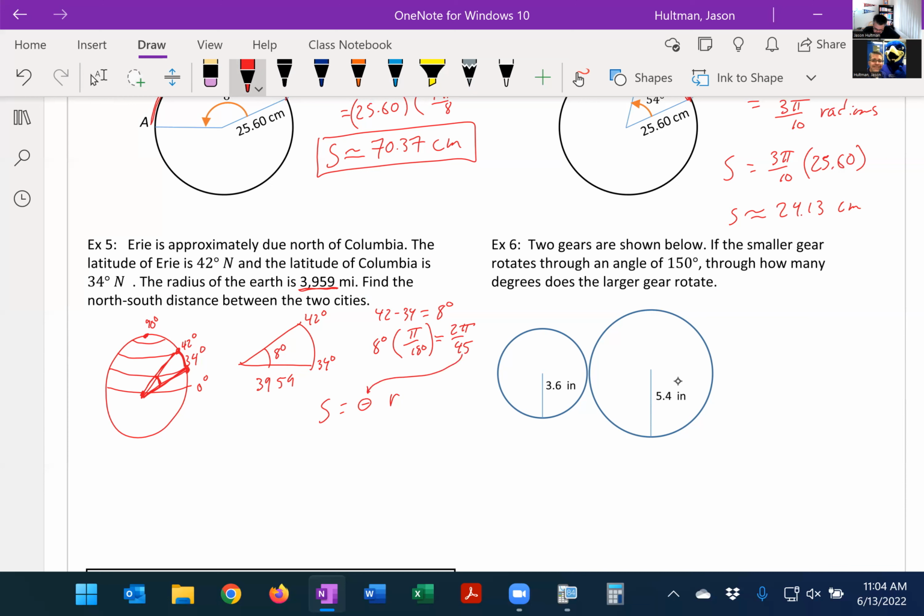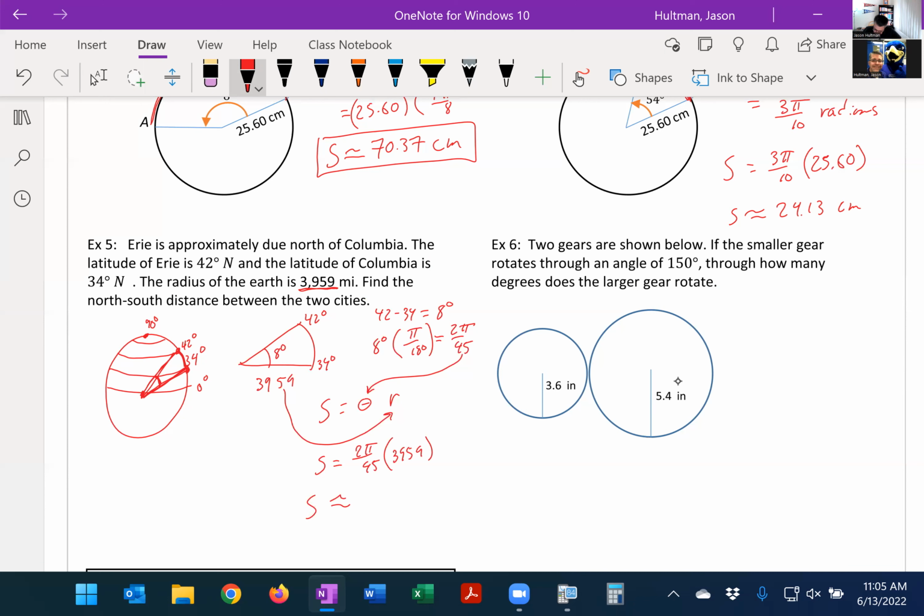I'm going to plug that in here. And the radius of 3959, I'm going to plug that in there. And so S is equal to, and this is going to be the distance from Erie, Pennsylvania to Columbia, South Carolina, 2 pi over 45 times 3959.